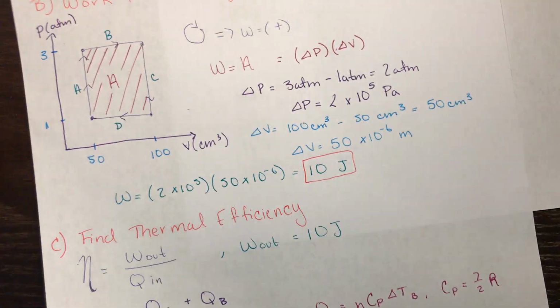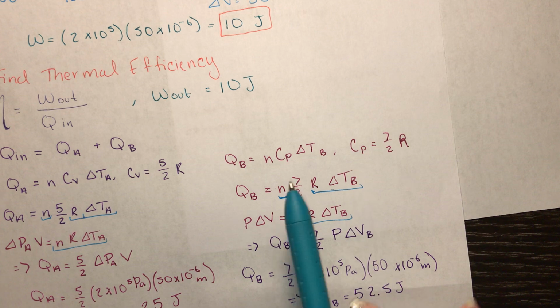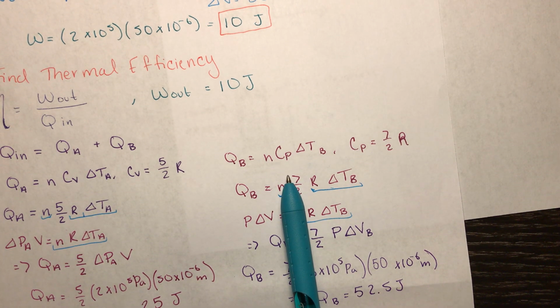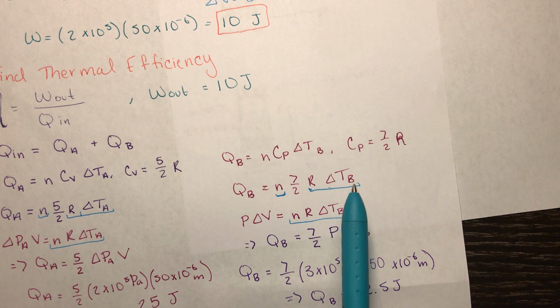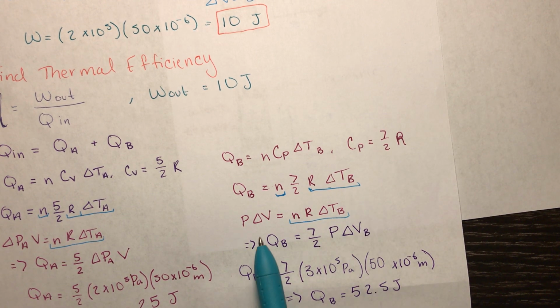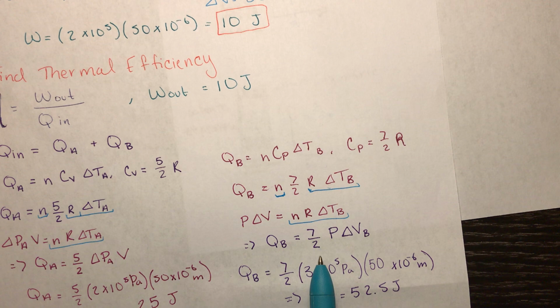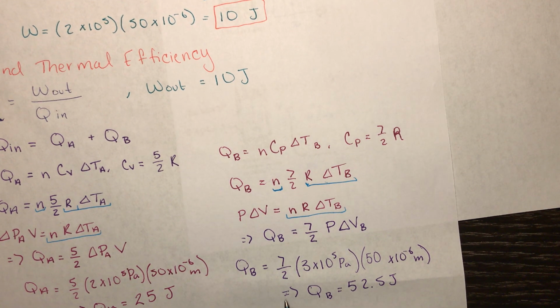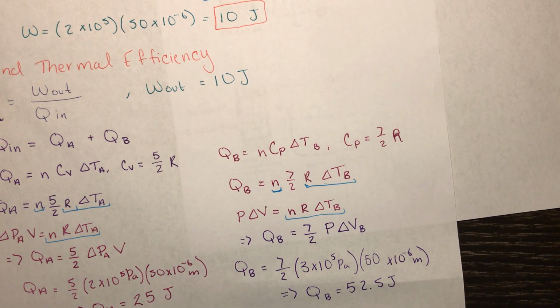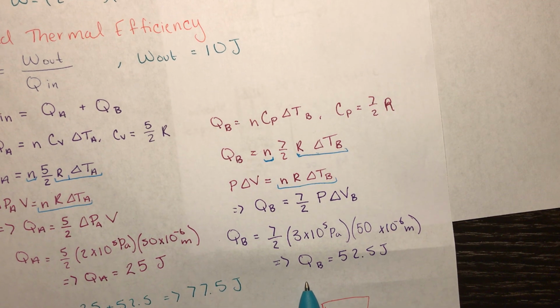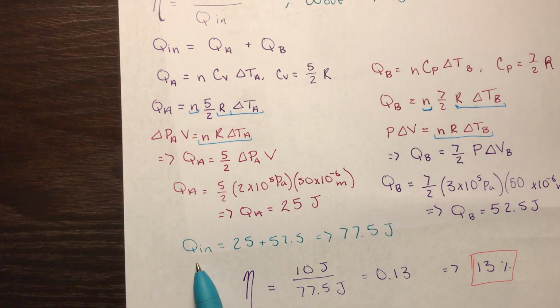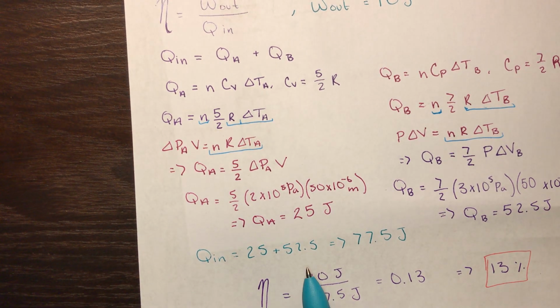We do pretty much the same thing for part B. The only difference at this point is we have a constant pressure, so C_P is equal to 7 over 2 R. Similarly, we use the ideal gas law, and we have this conclusion here. We plug in our known values, and we know that Q_B is equal to 52.5 joules. So now the total Q in is 25 plus 52.5 equals 77.5 joules.